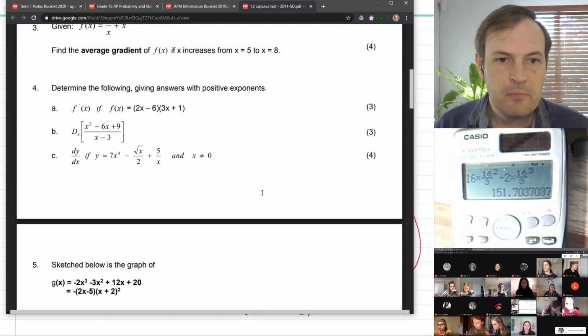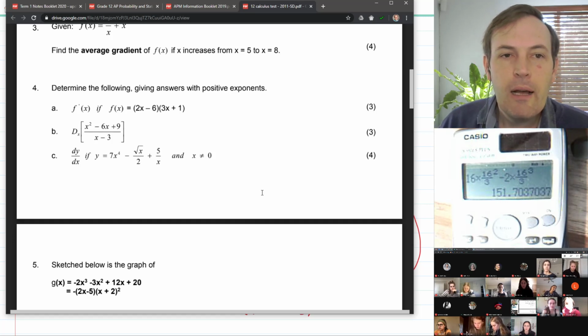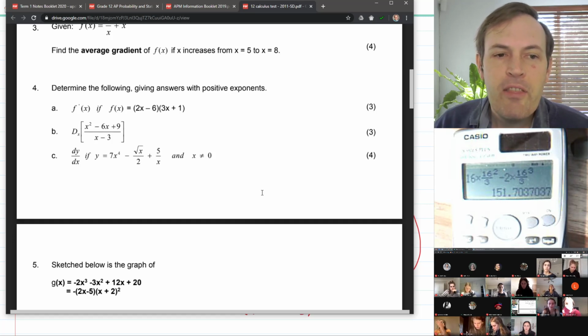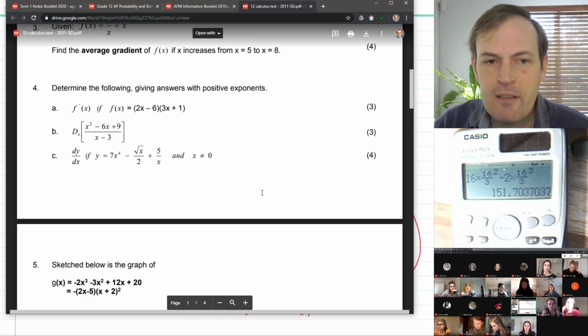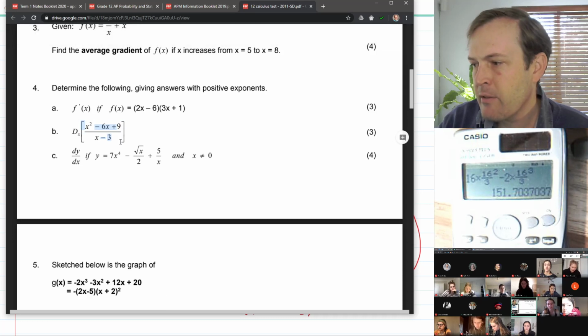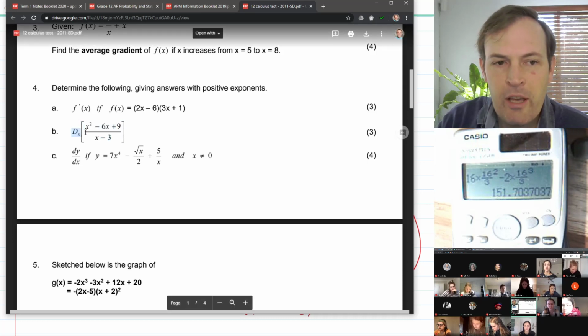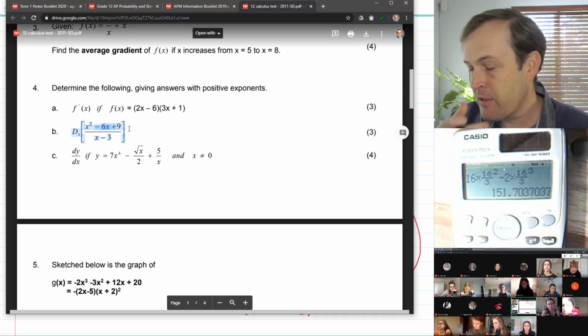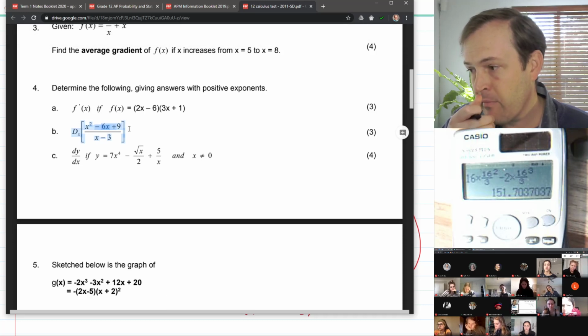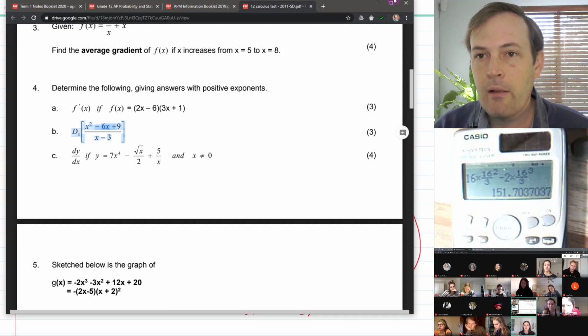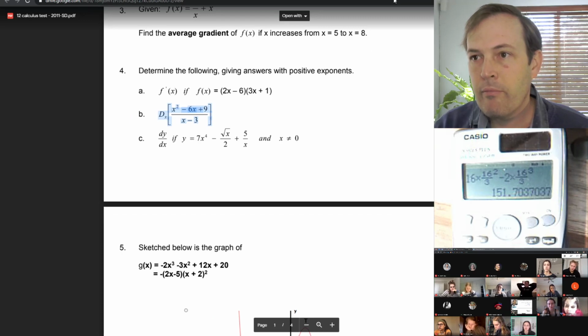Is that the equivalent of f of x or f dash x? The inside of the bracket is your f of x. The whole thing represents a derivative. Okay, so you solve inside and then you do the derivative of that.